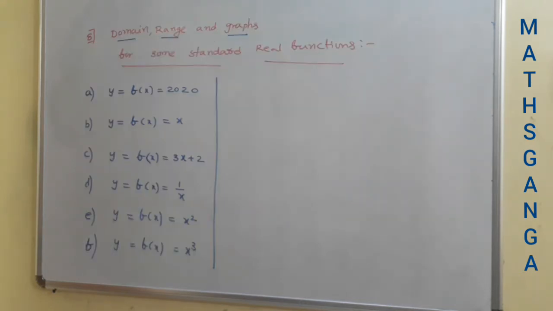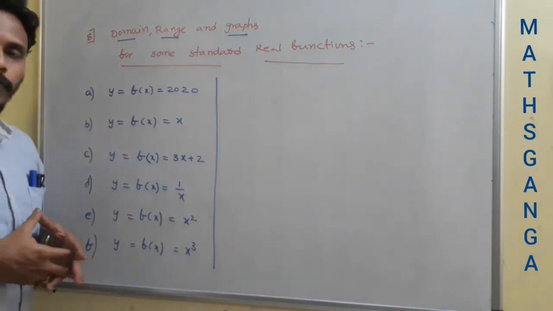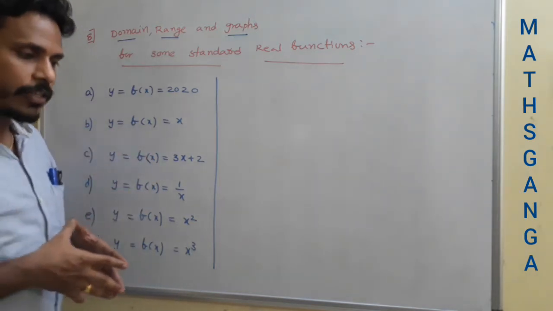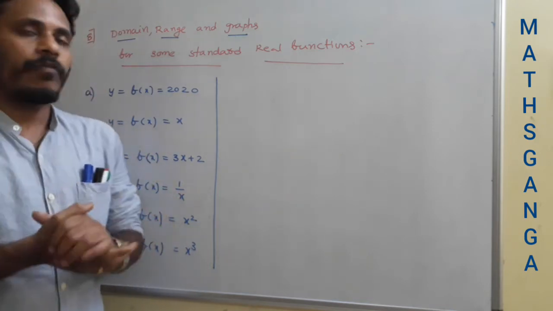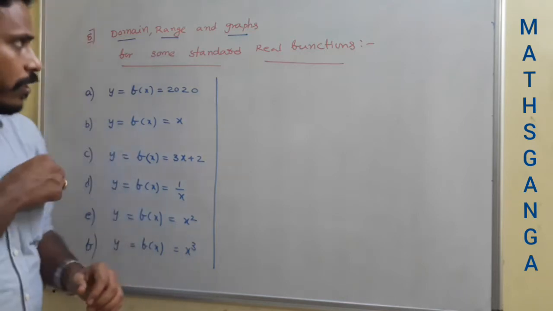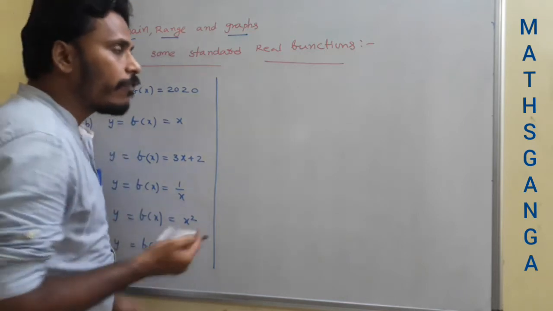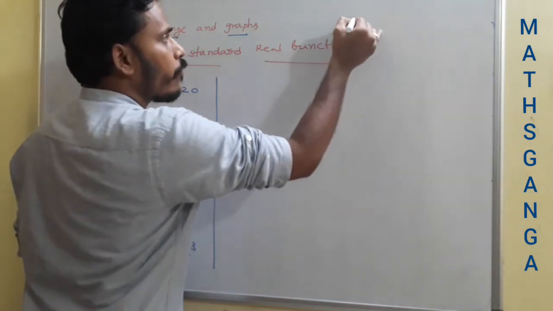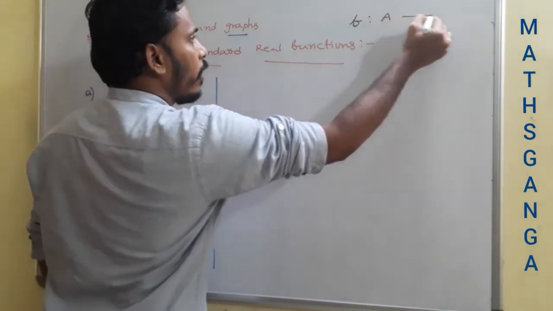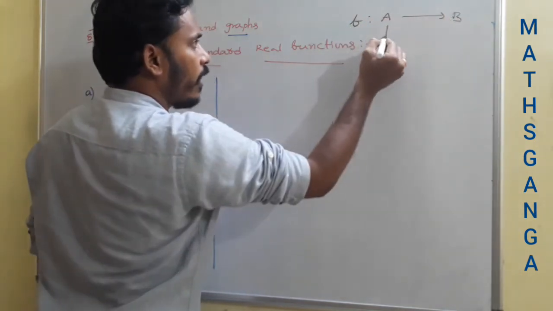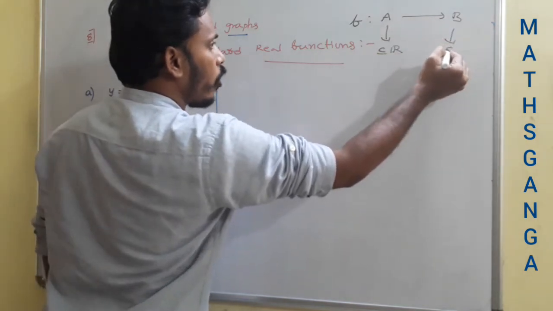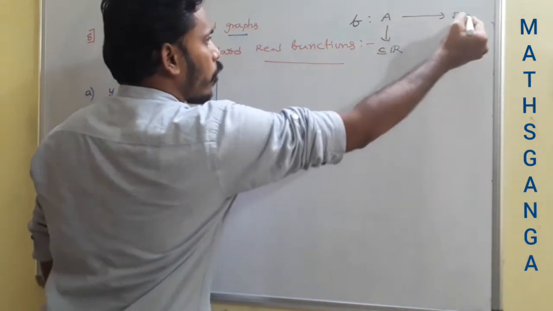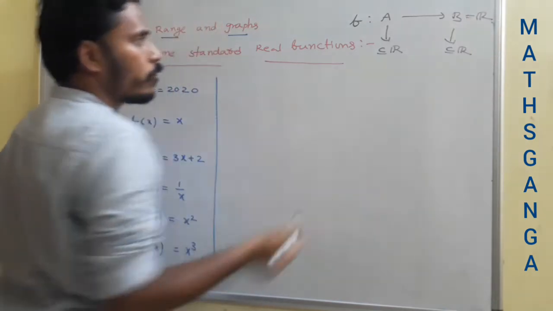So in the next point, point 8, we need to sketch the graphs for some standard functions, as well as identify the domain and range for some standard real functions. See, as I mentioned, for a real function, the function is from a set A to B, and that A must be a subset of the real numbers, and B is also a subset of real numbers, or you may take B equal to R also.